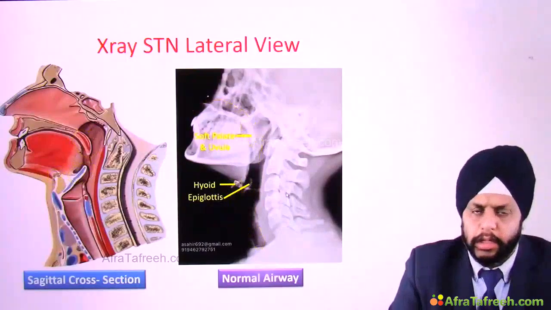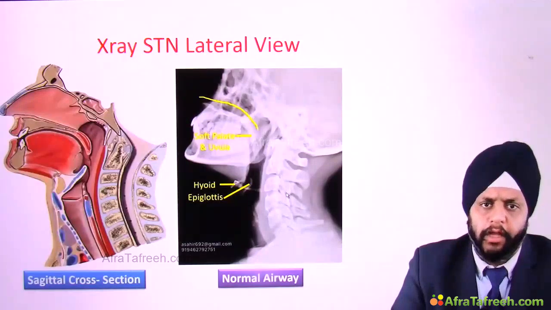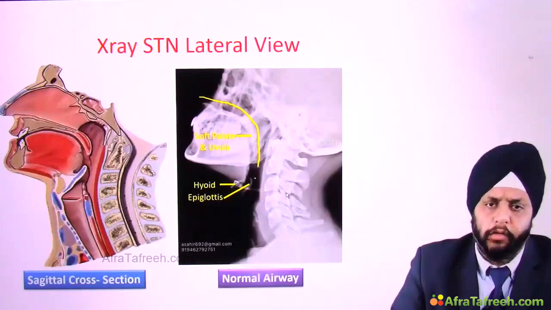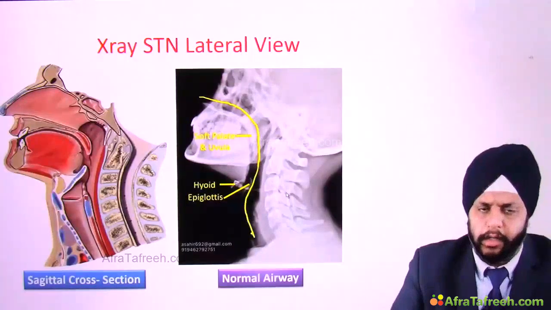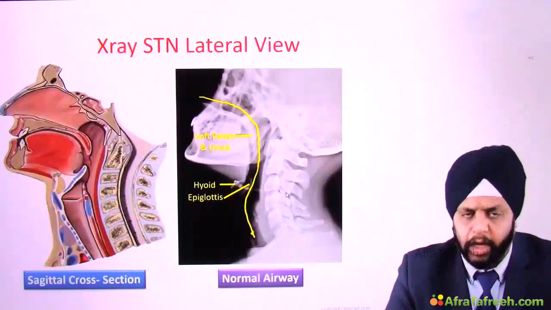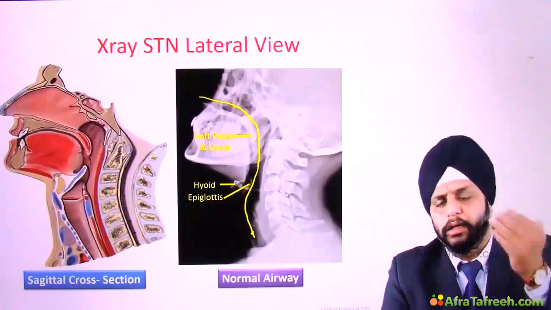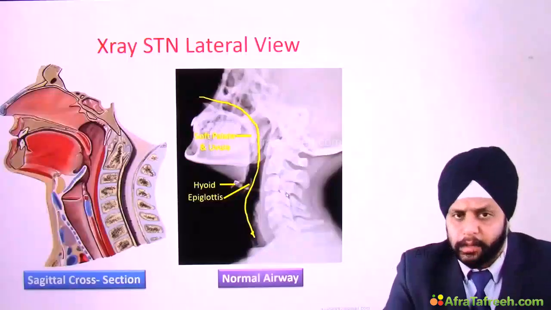This is a normal X-ray, okay, where we can trace the whole airway from the nasal cavity to pharynx to larynx and trachea. This is a very, very important X-ray. Why? Because in one X-ray we are able to see the complete upper respiratory pathway.